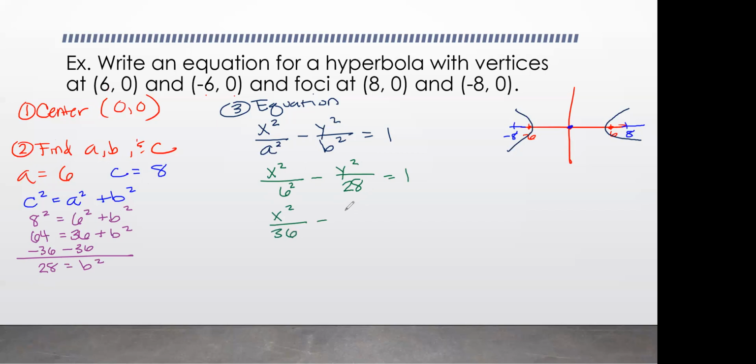That's 36. And then I still have y squared over 28 because I already solved for b squared. So I leave it as 28. It's not 28 squared, okay? And then that is your equation, okay? All right, so let's look at the next example.